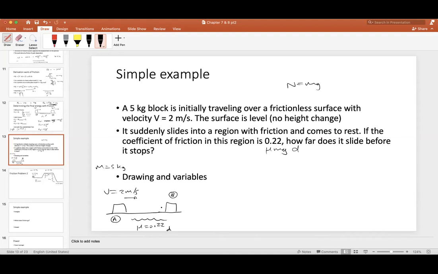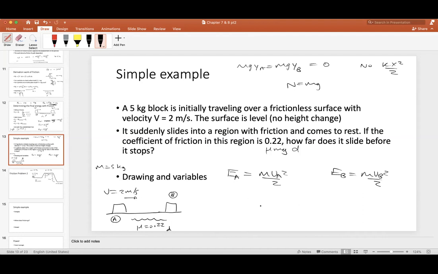We won't have mgy. mgy A is equal to mgy B. We'll choose y to be 0 along the surface, and therefore these are both 0. There are no springs, so no kx squared over 2. So the only thing we have is the energy at A is m va squared over 2, and the energy at B is m vb squared over 2.